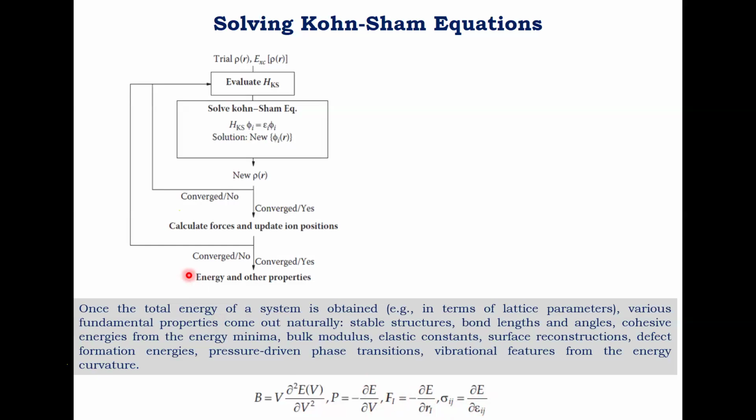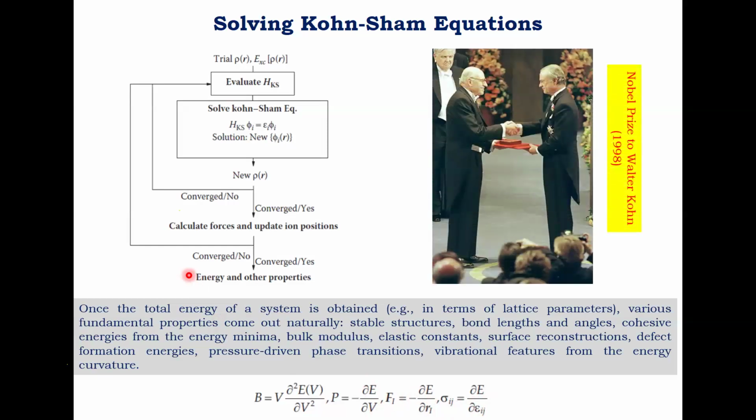See, for the development of this particular theory, Walter Kohn got the Nobel Prize in 1998. This theory was developed in 1964 or 1965, but it took more than 25 years to get the Nobel Prize. The reason was that during that time, in the 1965 and 70s, computer development was under progress, so the computer power was not that much.